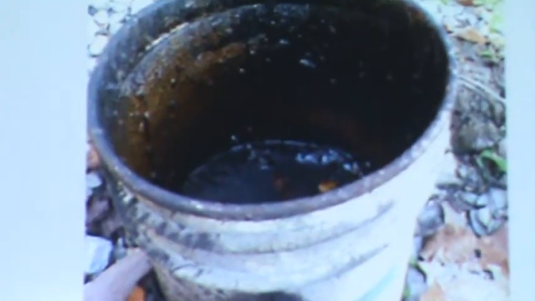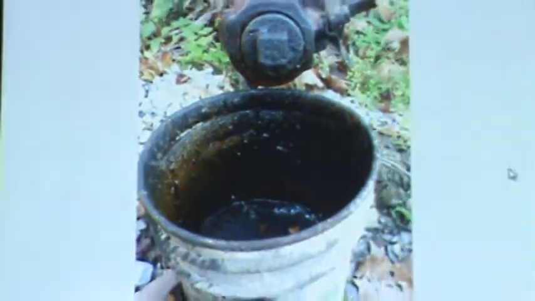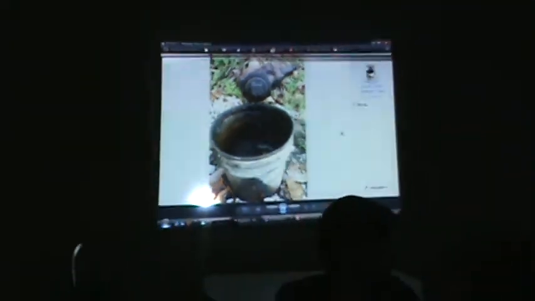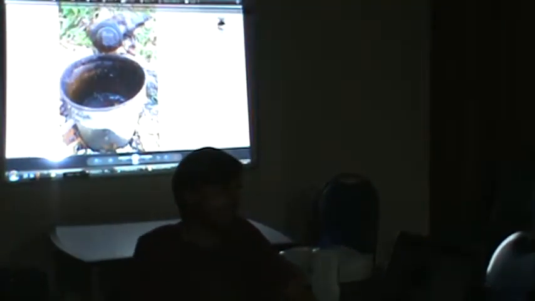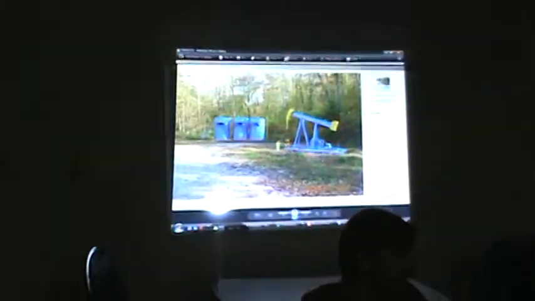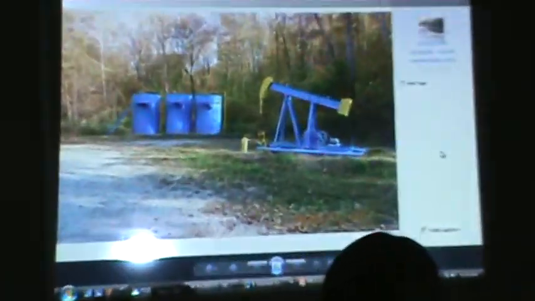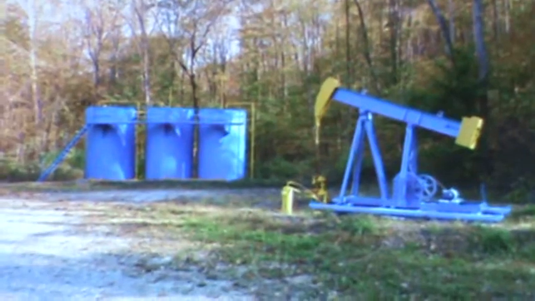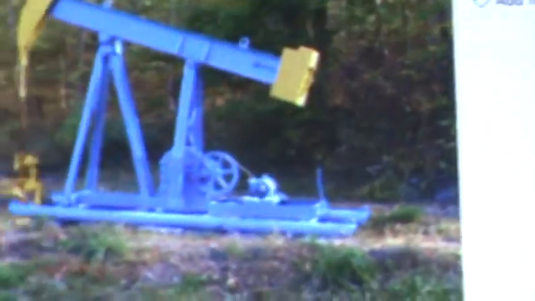We filed a complaint about this whole group of oil and gas wells, and based on the complaints of low maintenance, we were able to get the Tennessee Department of Environment Conservation to force the company to repaint all of their equipment. So it's all pretty blue and yellow, but they didn't fix the bucket.